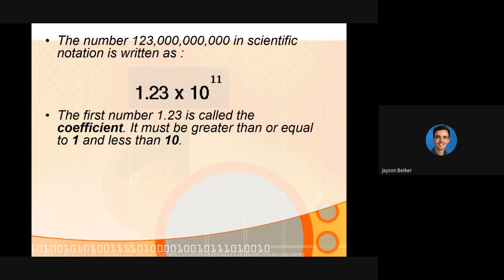Now, this coefficient has to be greater than or equal to 1, and it has to be less than 10. So what you do when you're taking one of these big numbers and you're turning it into scientific notation is you're kind of forgetting about the zeros temporarily, and you're looking at just the non-zero numbers. And then what you're doing is you're putting a decimal place in a place that will make those non-zero numbers between 1 and 10.